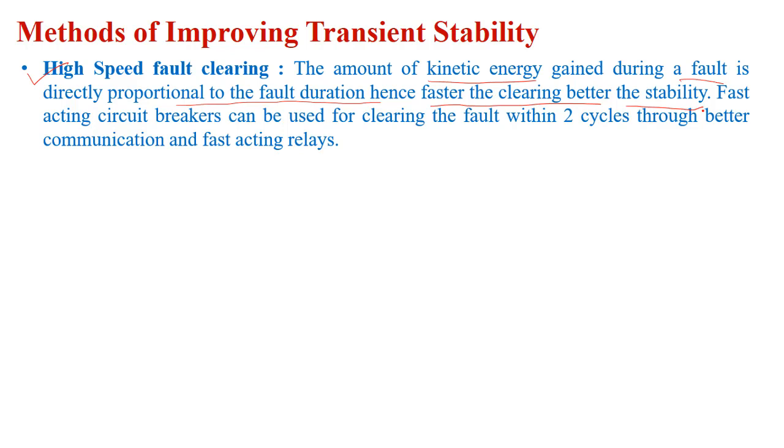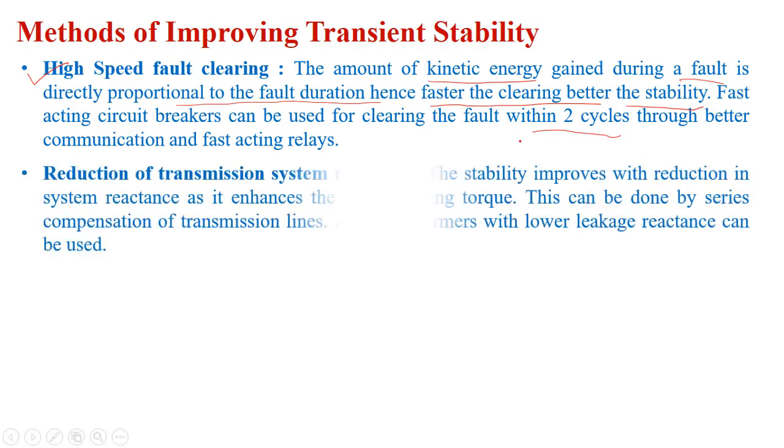As soon as the fault is cleared, the kinetic energy increase in the system will stop, and therefore the stability of the system will be improved. Therefore, fast-acting circuit breakers can be used for clearing the fault within 2 cycles through better communication and fast-acting relays.